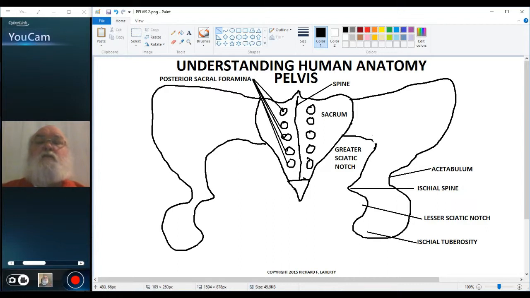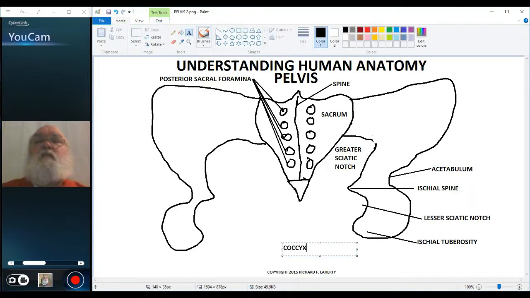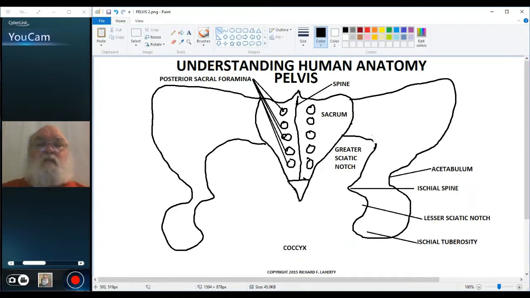And there are, of course, 5 of the posterior sacral foramina, 1 for each of the sacral nerves. And we have the coccyx represented by this triangular structure.